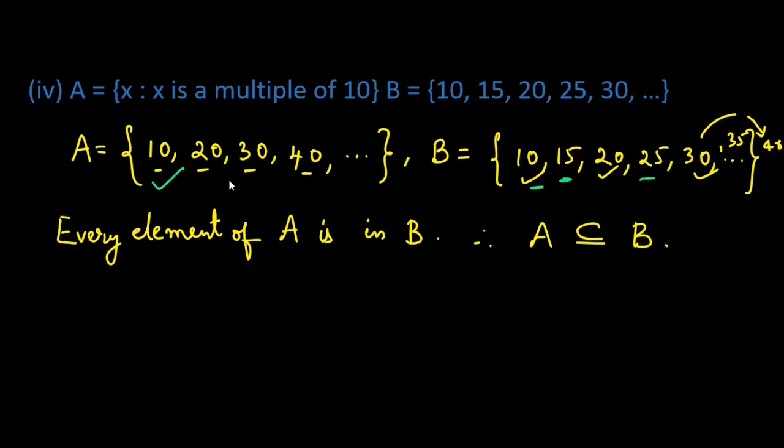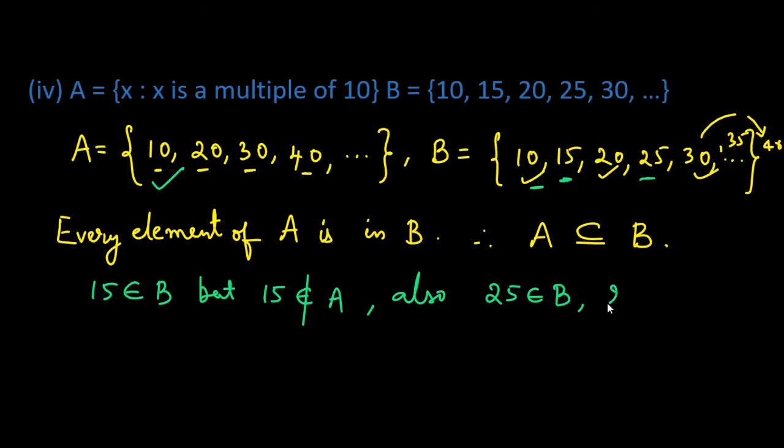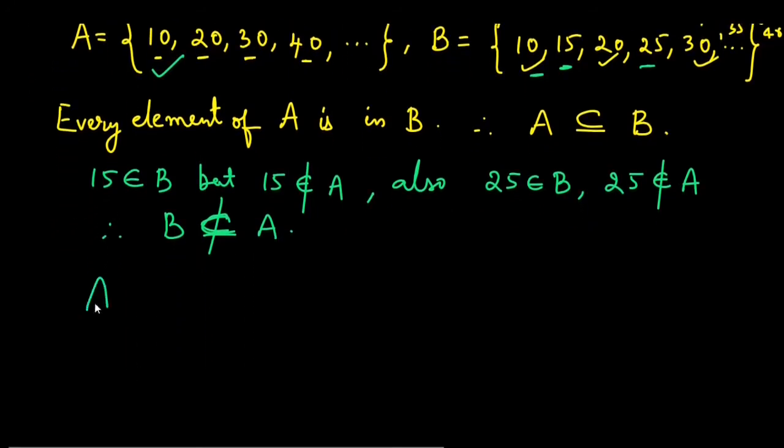Also 25, there is no 25 in A. So we write 15 belongs to B, but 15 does not belong to A. Also 25 belongs to B. 25 does not belong to A. Therefore, B is not a subset of A. As B is not a subset of A, A is not equal to B.